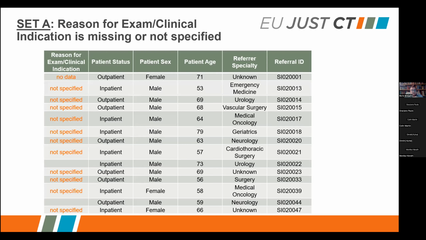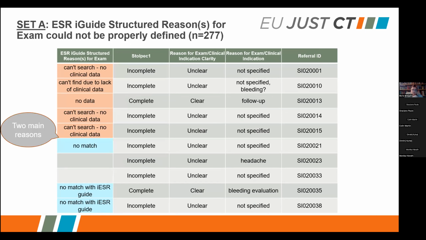As you see here, patient sex and age, and whether the patient was outpatient or inpatient, but in these cases, there were practically no data or not specified data in referrals, and you will see later on the statistics of how many examinations were performed, because it was retrograde analysis, actually with no clinical data or insufficient clinical data.